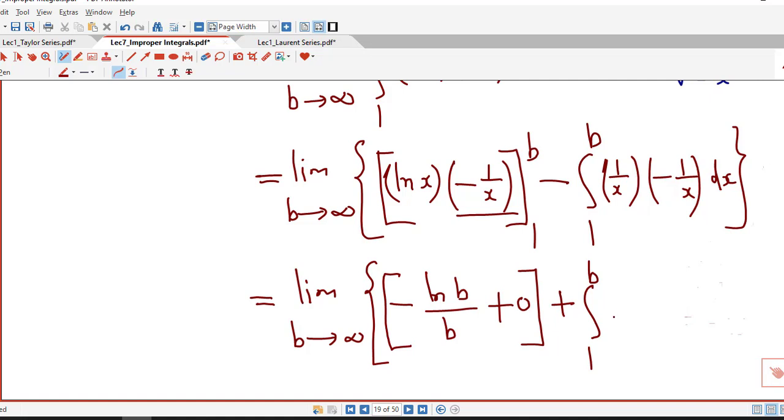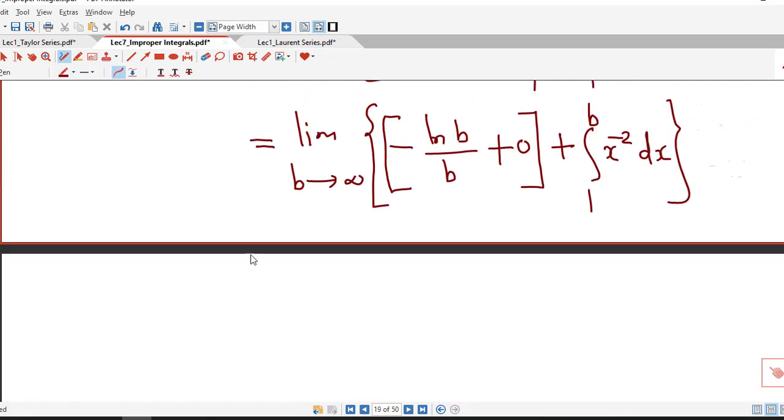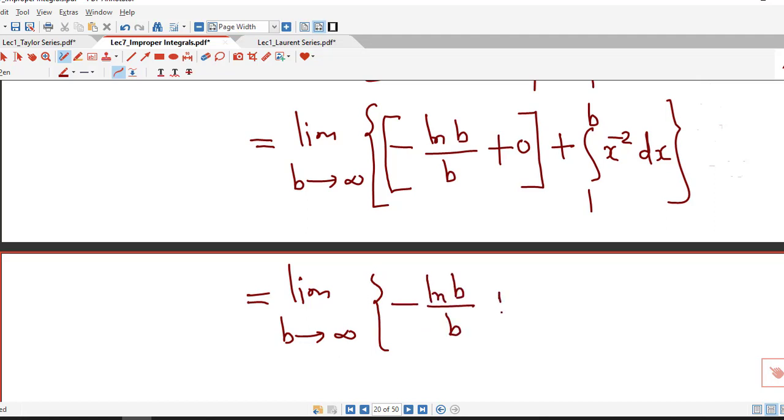We have 1 by x square, so that we rewrite as x raised to minus 2 dx. So we consider one more step, limit b tending to infinity. This is minus log b divided by b, and here the integral of x raised to minus 2 is again minus 1 by x, x equal to 1 to b.